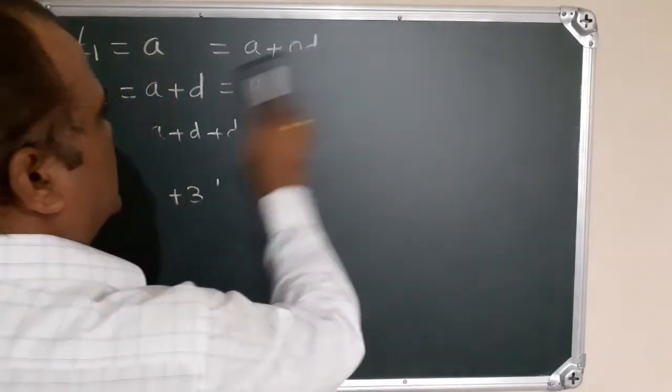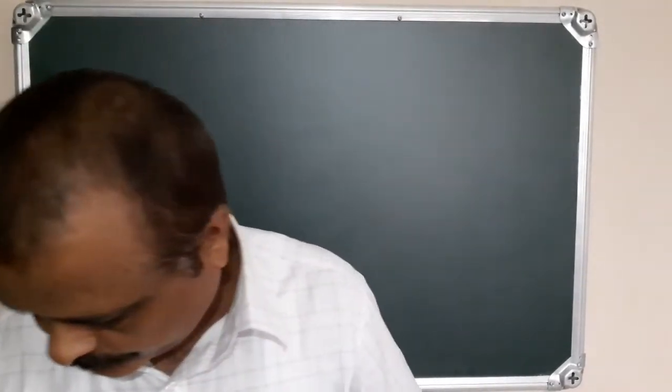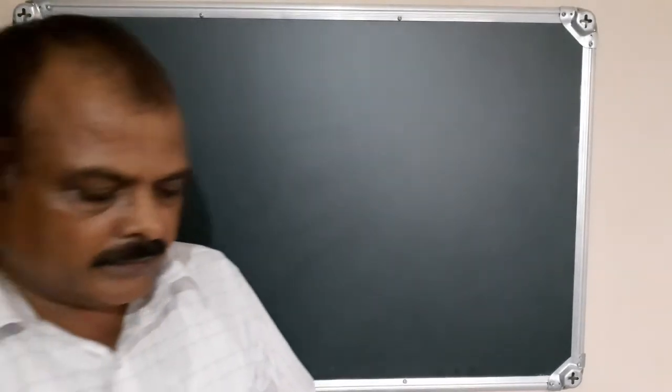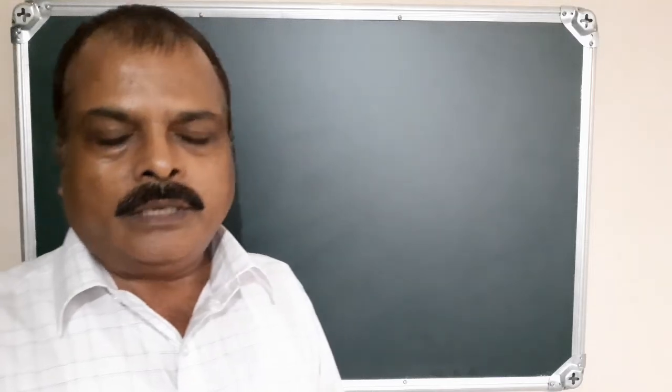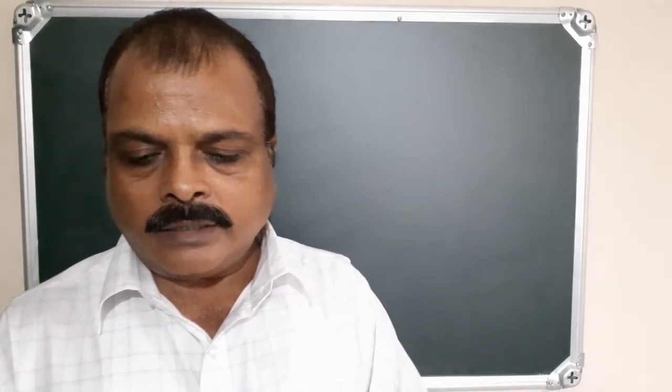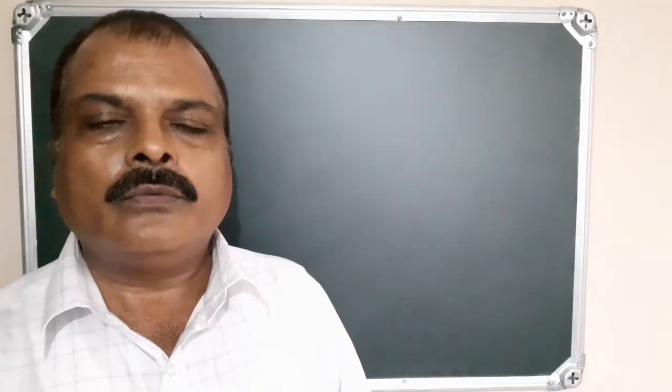You can solve it easily. Now, in the second example, it is given: decide whether the following sequence is an AP, and if so, find the 20th term of the progression.